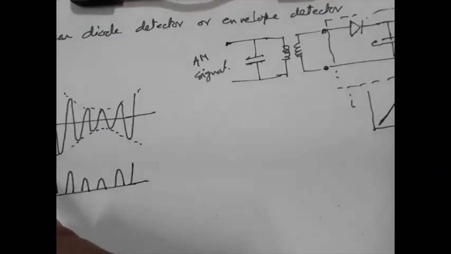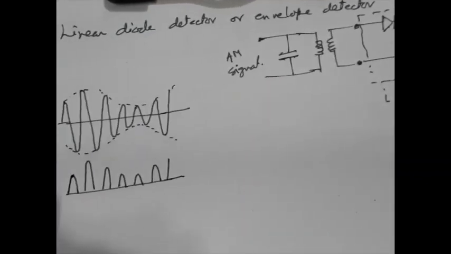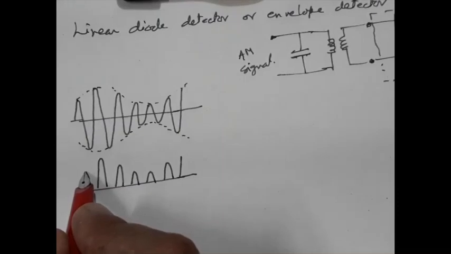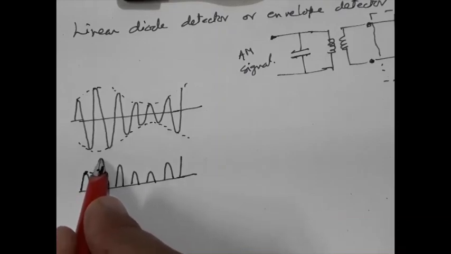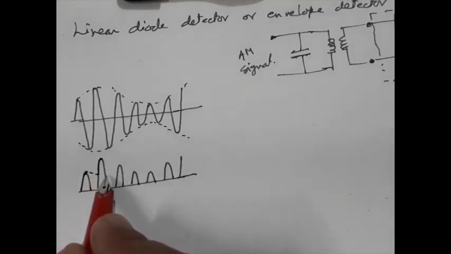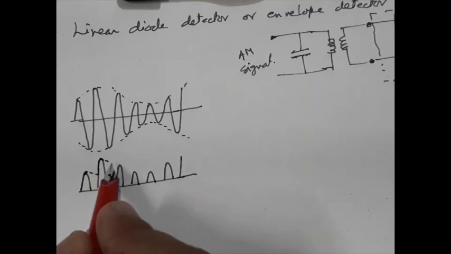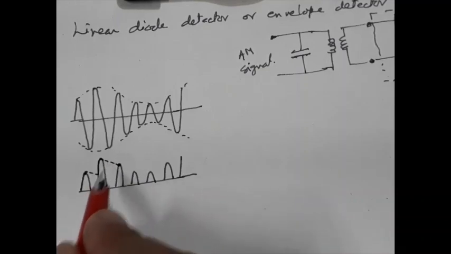That means the voltage will follow this curve. Instead of going to zero, it will move like this. Now at this point, the next cycle has appeared, so the capacitor voltage will also increase. Then again, during this falling edge, the capacitor voltage will reduce in this way.